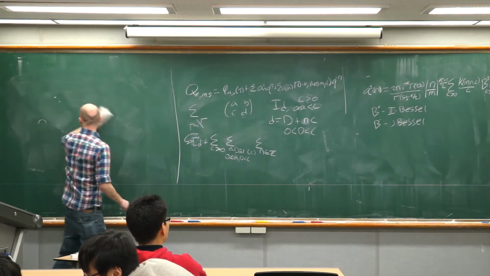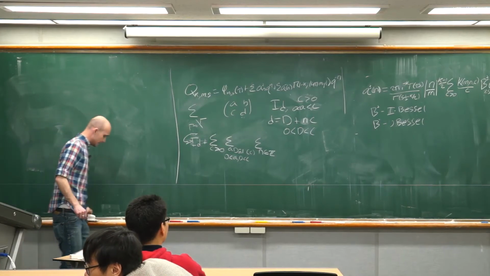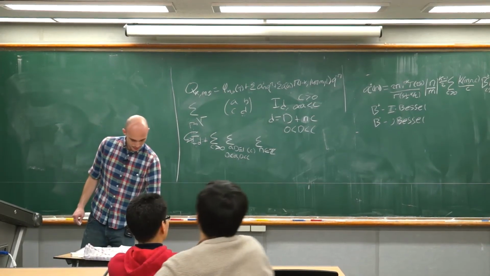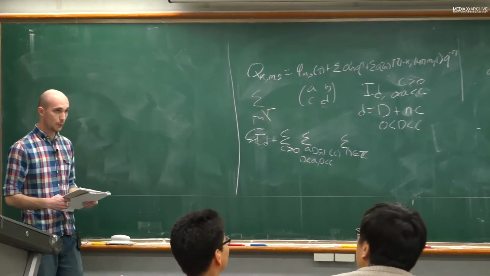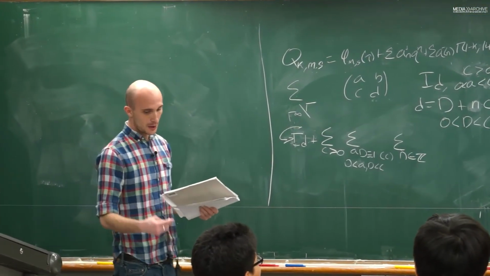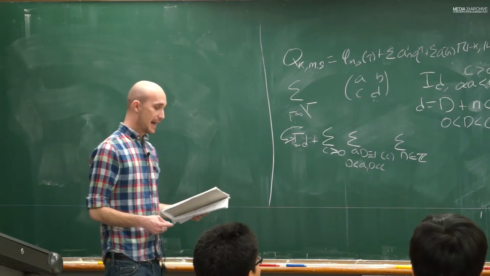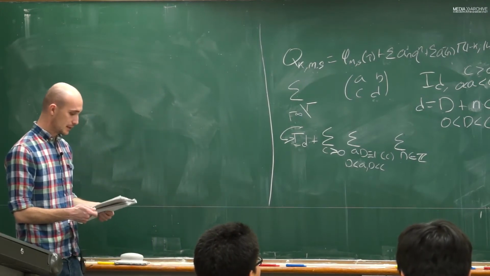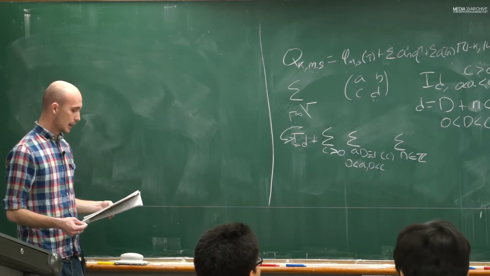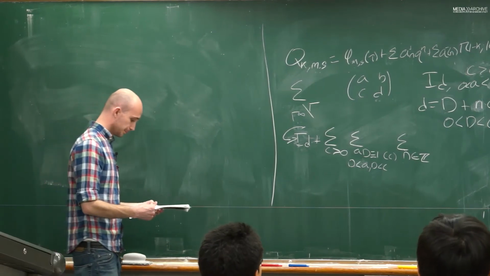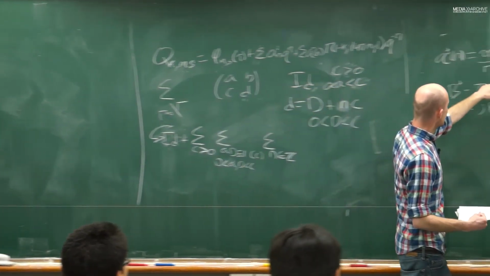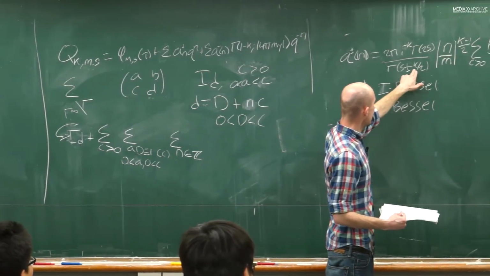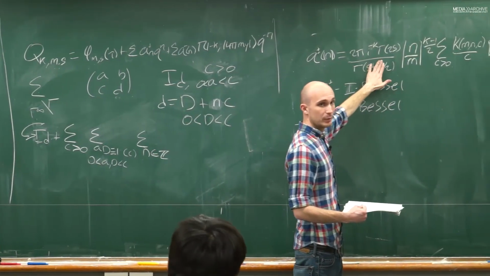It's 4 o'clock, but at least let me just quickly say something about how to go from there to weight 1/2. So tomorrow I'll be talking about Umbral Moonshine, and we'll need the weight 1/2 Maass-Poincare series. In that case, again, we can take k equal to 1/2 without any problem.